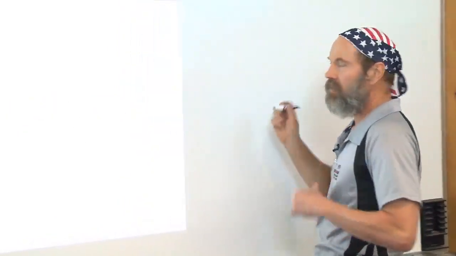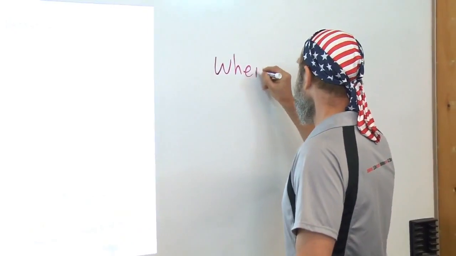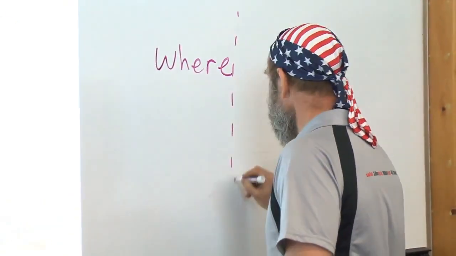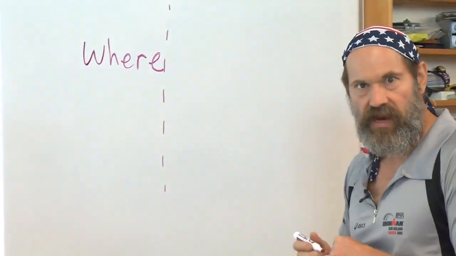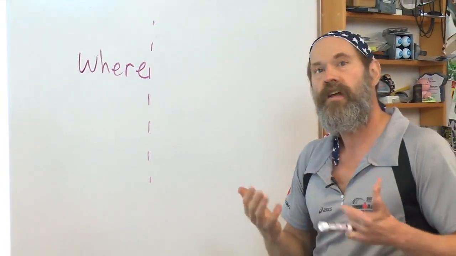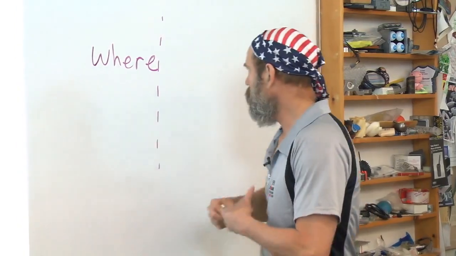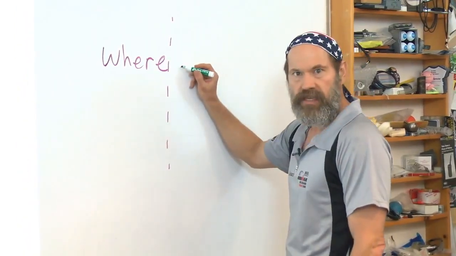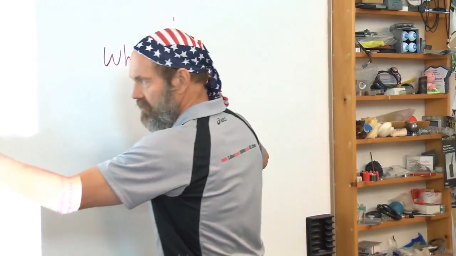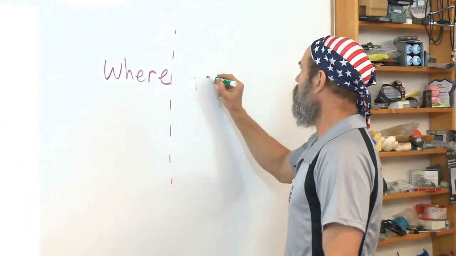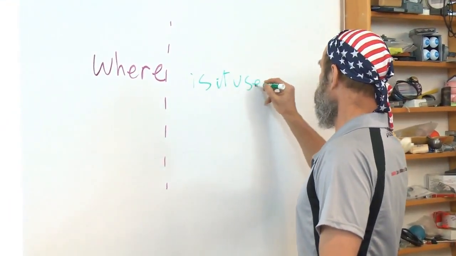If you take one of these things like where, and now you play the game, and this is a little prelude to later on when we're doing writing. This is the power of words for creating ideas, even deep techno-geeky things. Where? Now you fill in all the possibilities, and you do this, by the way, with each one of these questions. Where is it used?